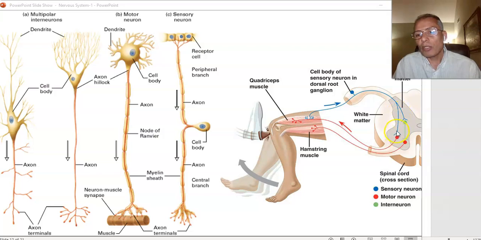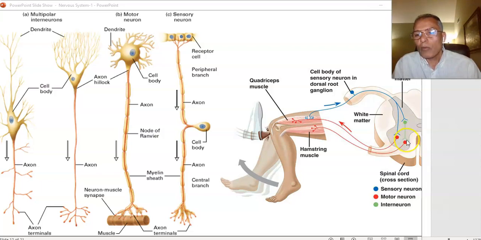And these synaptic terminals connect with the interneurons inside of the spinal cord, that little green thing, and also with the motor neurons at the same time. So the synaptic terminals of the sensory neuron carry the signal to the dendrites of the interneuron.